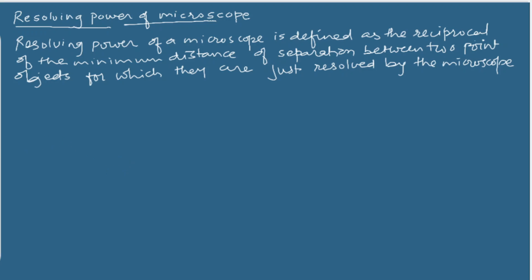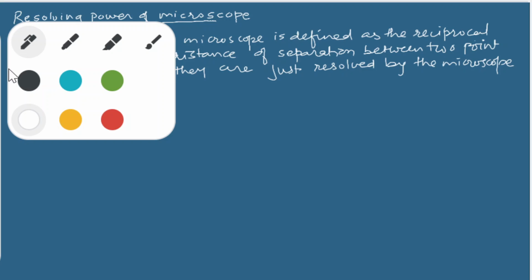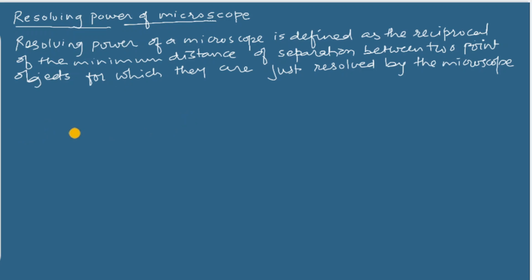This is the first object, O1, and very near to it the second object, O2. They are separated by the distance A. This is the distance of separation.